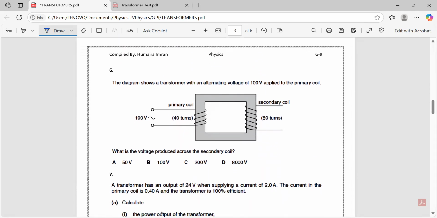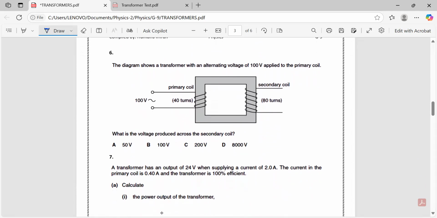Moving on to the next question. The diagram shows a transformer with an alternating voltage of 100 volts applied to the primary coil. What is the voltage produced across the secondary coil? Again, a very easy question, as the number of turns is provided. This is VP, this one is NP, and this is NS, and they want you to calculate VS. You can easily calculate by writing VS over VP is equal to NS over NP.